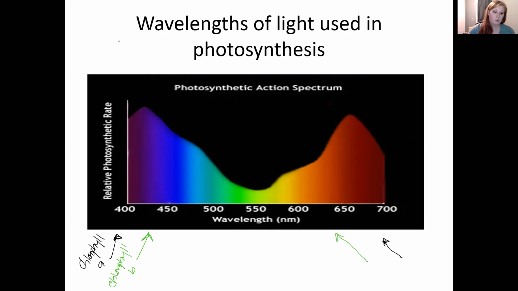And then the last one that we've talked about are the carotenoids. And the carotenoids are going to do this kind of blue-green area through here, okay? All right, because again, we have so much absorption happening on the violet through blue and the red through orange ends, we're going to see a lot of green reflected.